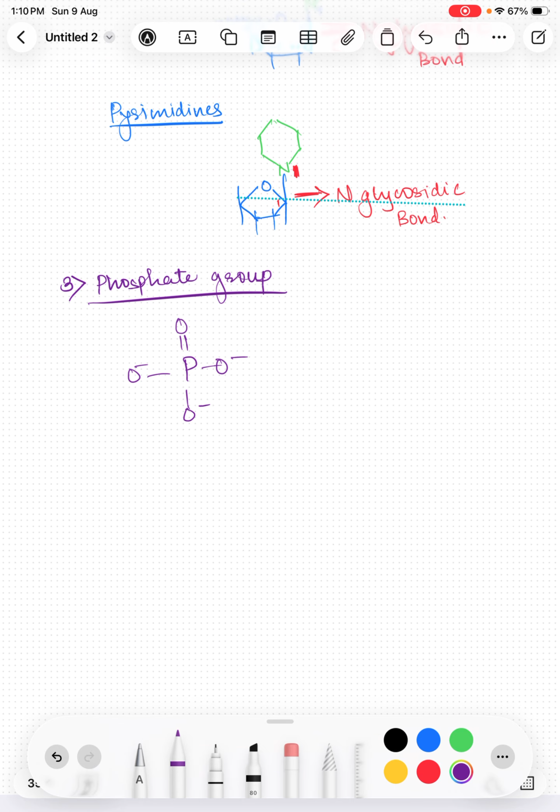Okay, now as we have seen the basic structure of nucleotides, let us see how the polymer is synthesized, or how one nucleotide is attached to second nucleotide with the help of phosphodiester bond, or we will see how phosphodiester bond is synthesized.